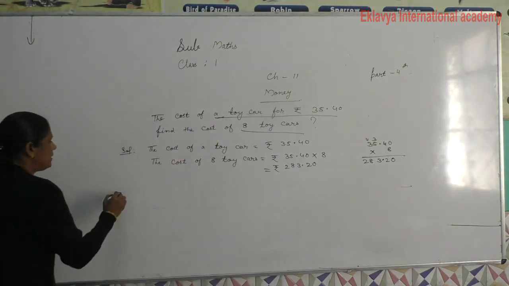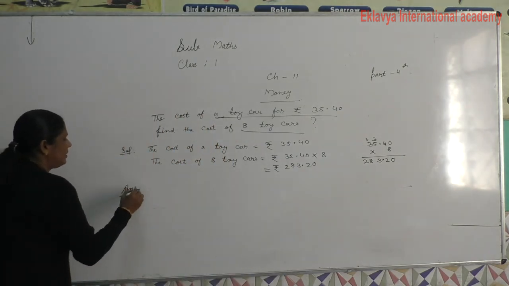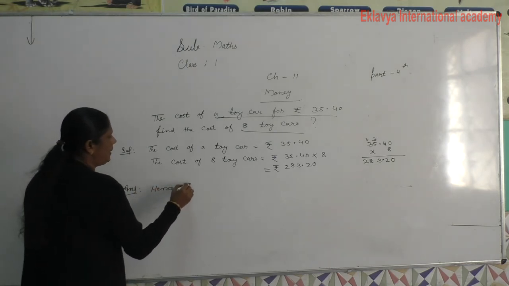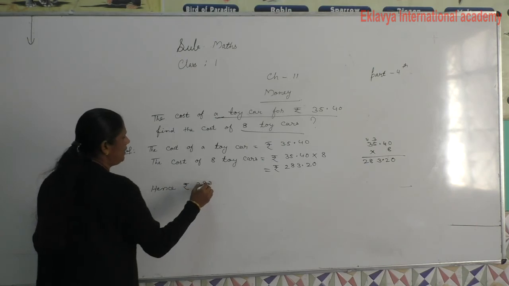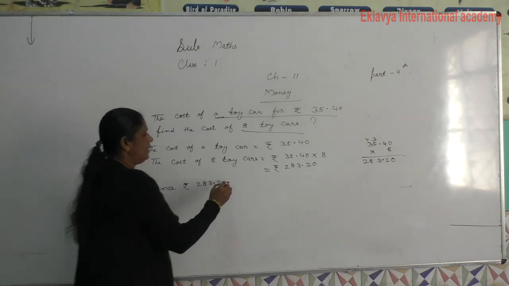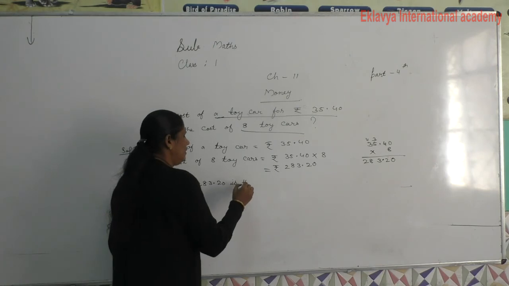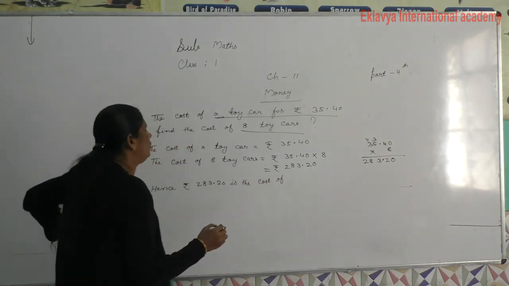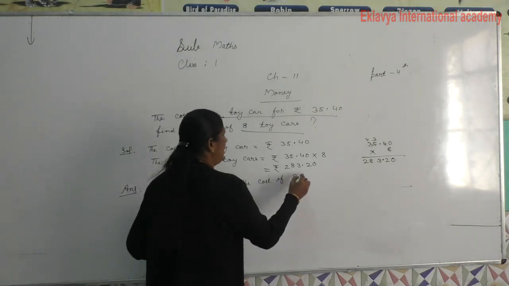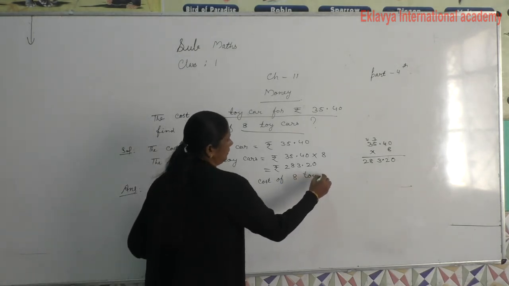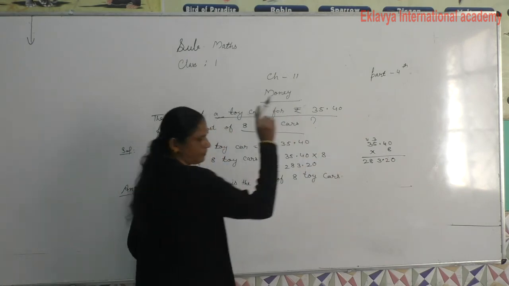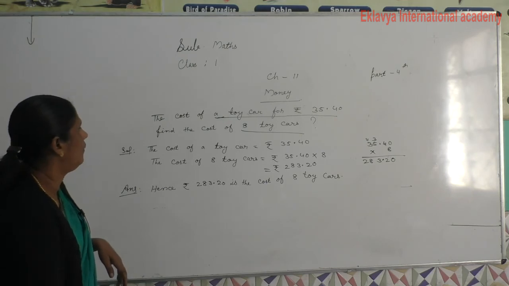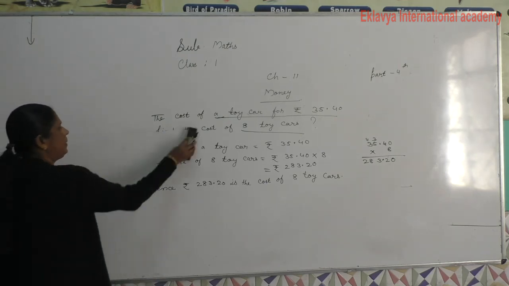Then final answer: hence rupees 283.20 is the cost of 8 toy cars. Then you understand this. Then one more question.